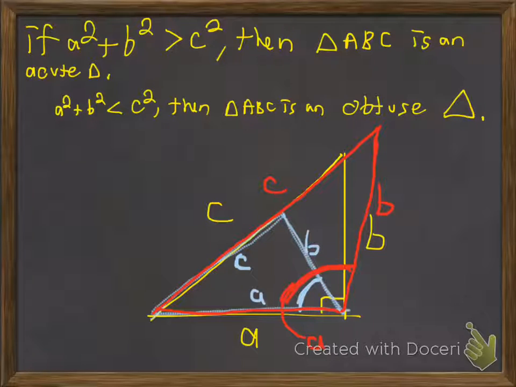It's an obtuse triangle. So that's like an idea with pictures for determining if a triangle is right or obtuse. Okay, so that's the Pythagorean theorem converse, and you should be able to do the section now.